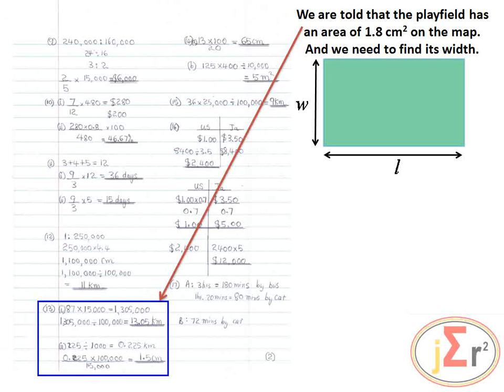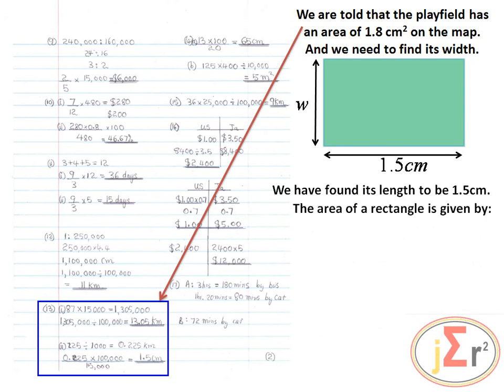But we have found something else. So we have found the length to be 1.5 centimeters, and we know that the area of a rectangle is given as area is equal to length times width. See, do not forget that the length that we have there was already calculated, and the area of a rectangle is given by area is equal to length times width.